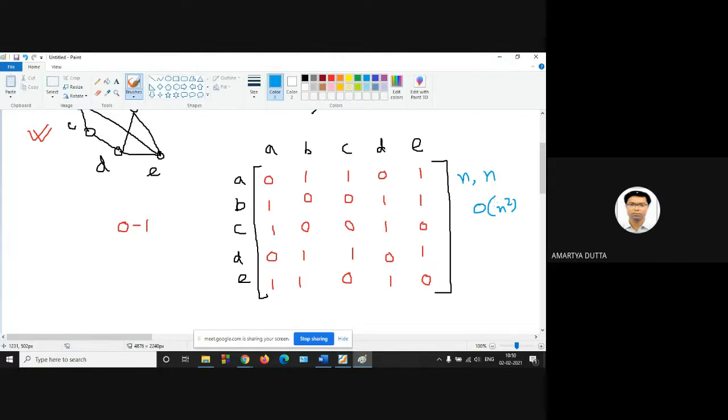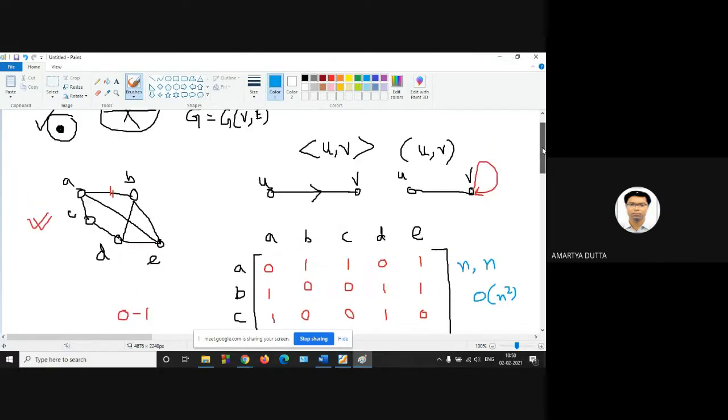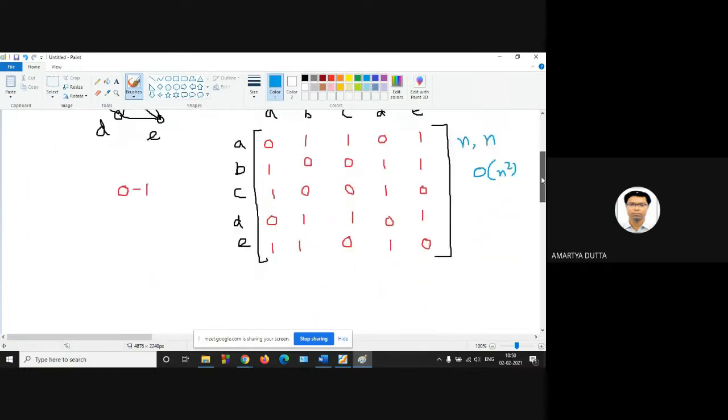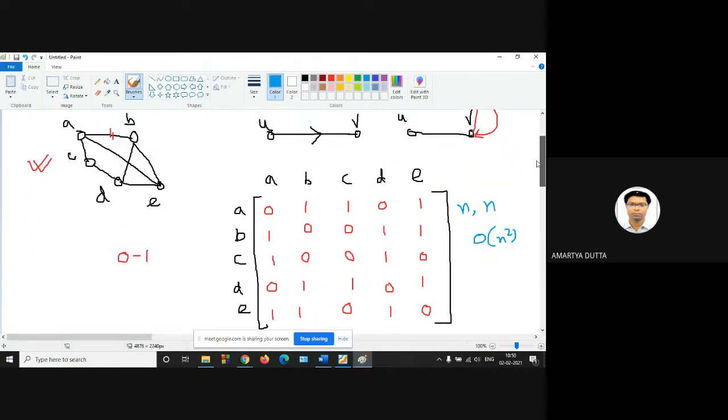Okay. Now, this is the adjacency matrix representation. Now we have to set the adjacency list.